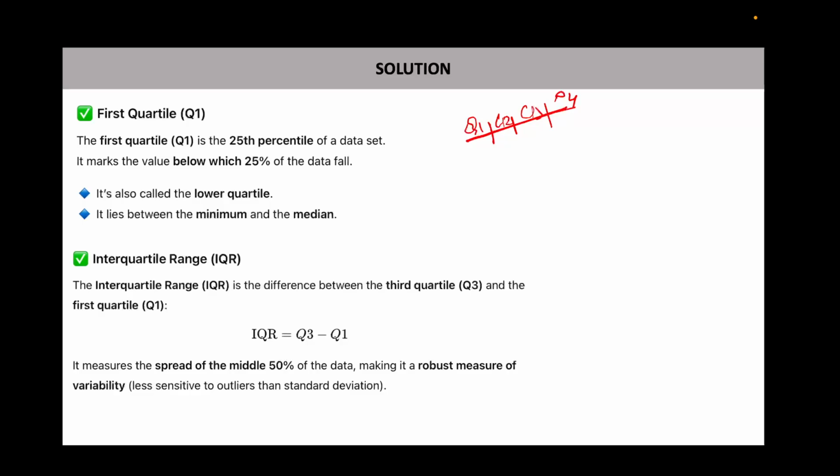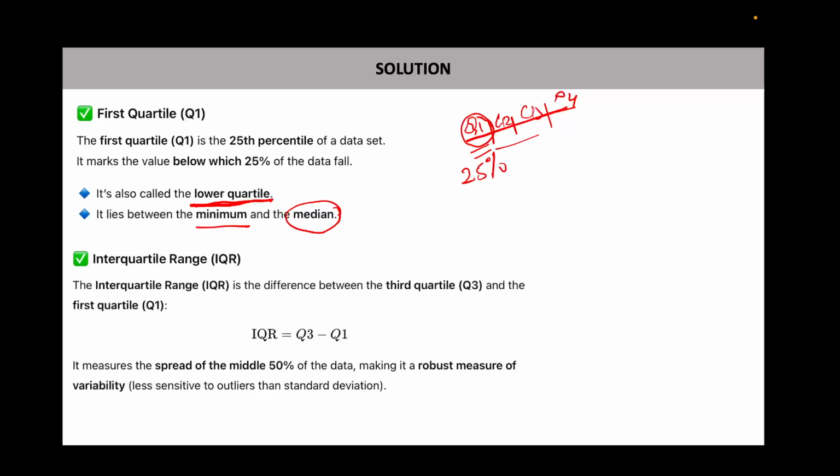Then you will have an interquartile range. Your Q1 will represent the first 25% of your data. It is also called the lower quartile, and it will always lie between your range's minimum value and the median value.